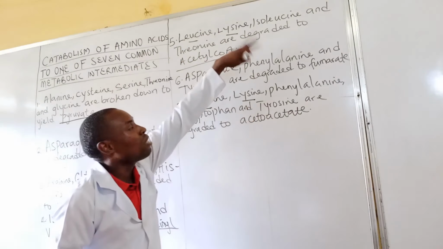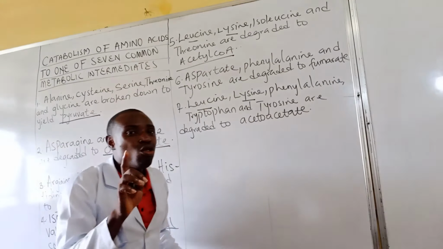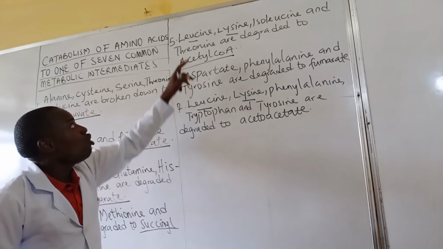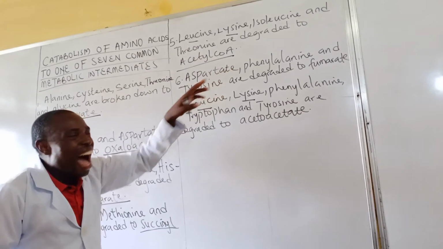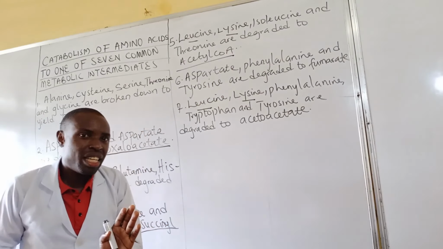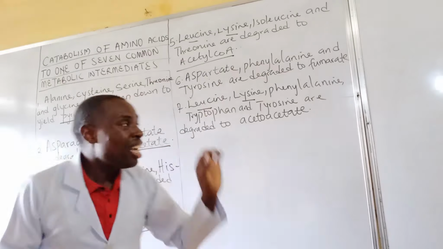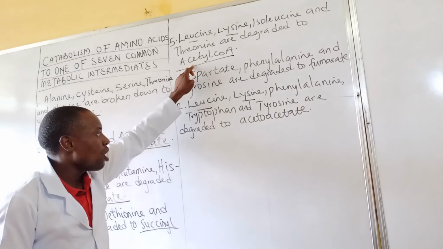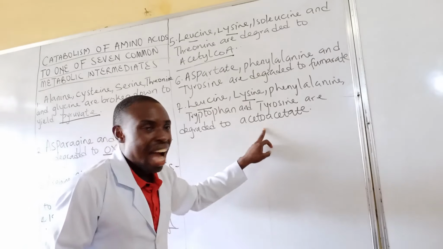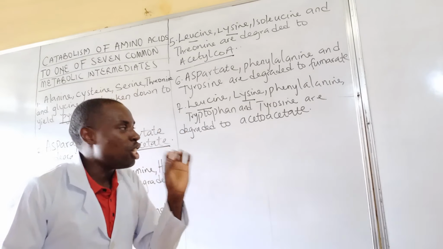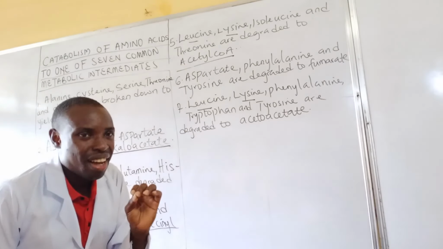When leucine and lysine are degraded, they also yield acetyl-CoA. We said in our previous video that leucine and lysine are ketogenic in the sense that when they are broken down, they yield acetyl-CoA or acetoacetate, and these are what we call the ketogenic amino acids.